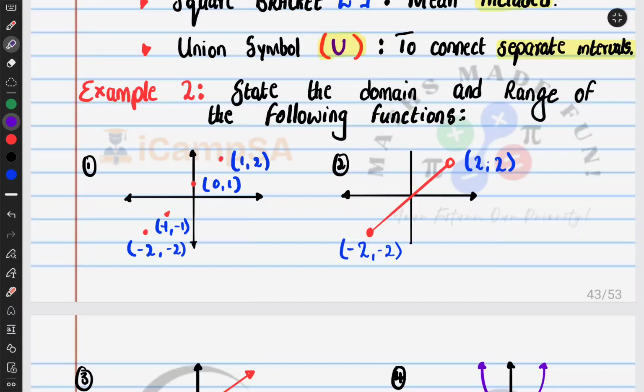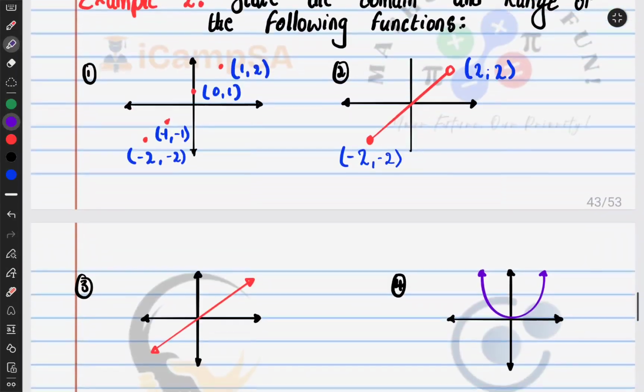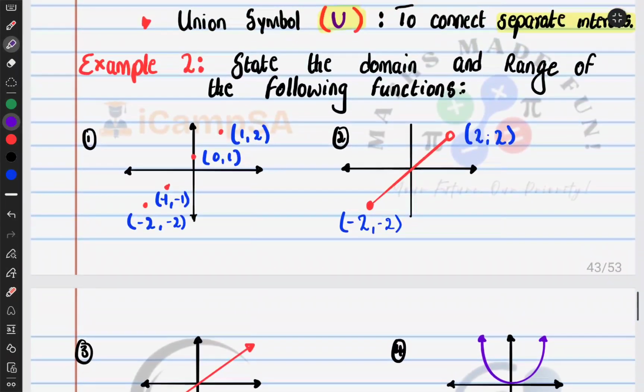The first one is a discrete, or non-continuous, function, and for a non-continuous function we use list notation. For the domain, remember we are only considering the x values. We're just given coordinates for this one, so we say x is the element of, and then we use braces, the list notation. Our function has x values -2, -1, 0, and 1.